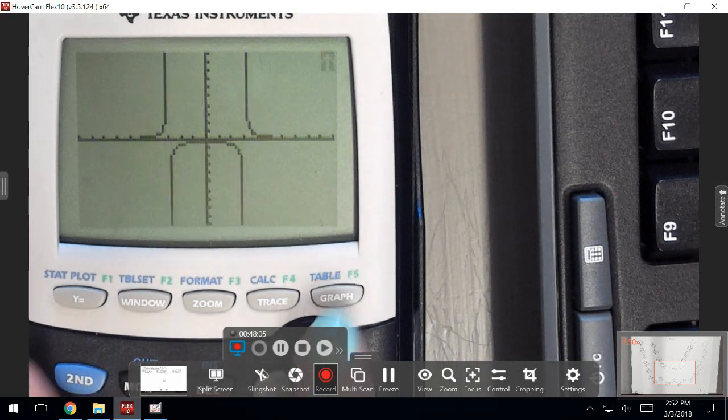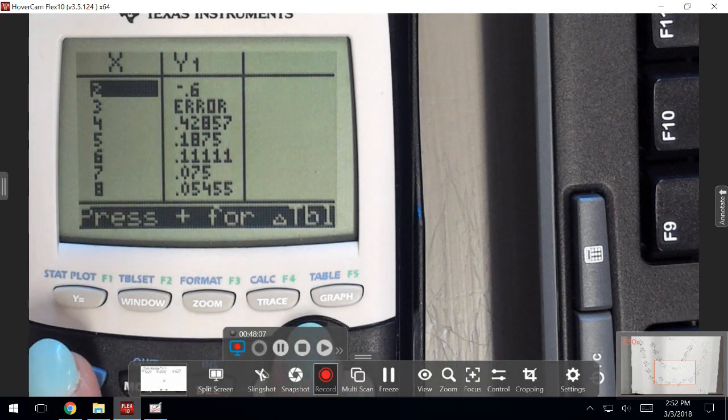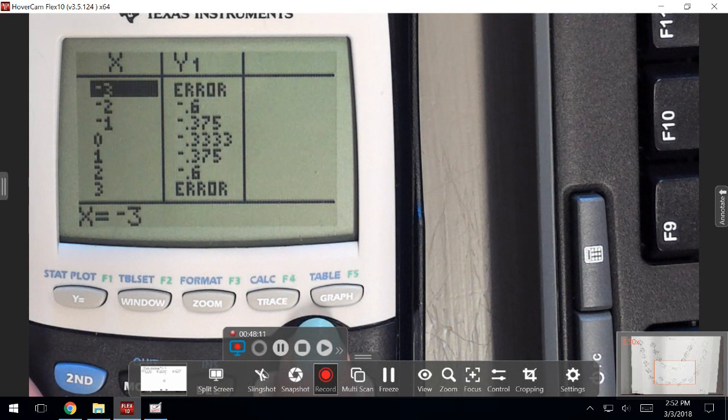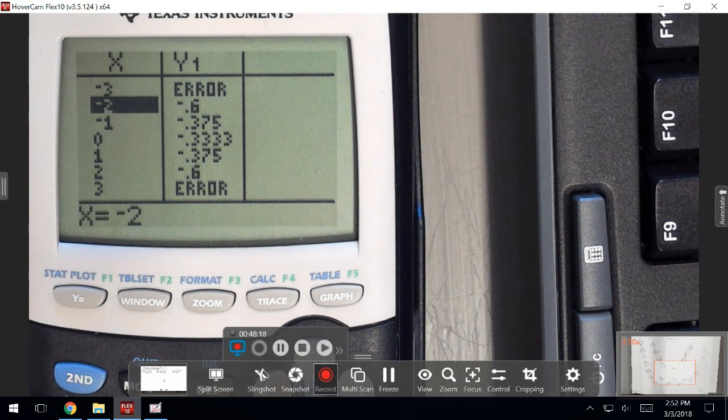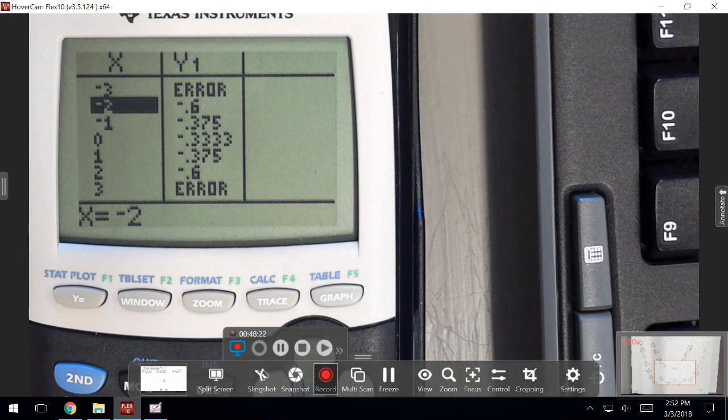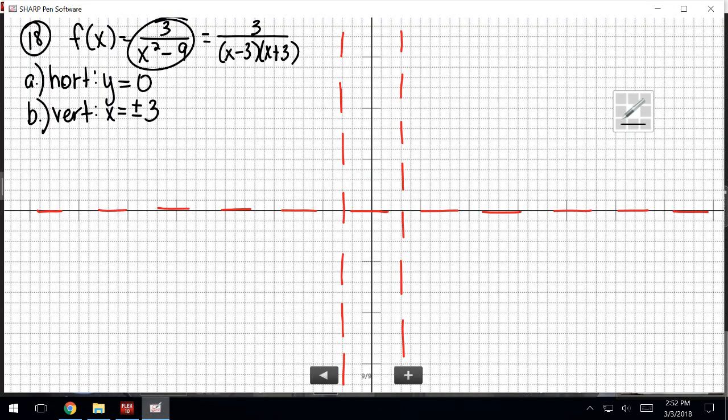And we're going to go to table, and we should see at 3 there's an error, and at negative 3 there's an error. Okay? Alright, so negative 2 and negative 0.6 is a pretty decent number. That's almost negative a half. So we've got that at negative 2 and positive 2. So we're going to graph those. Negative 2 and negative 0.6 and positive 2 and negative 0.6.